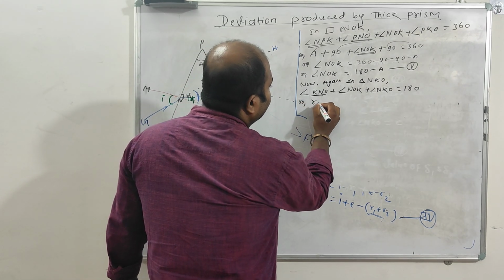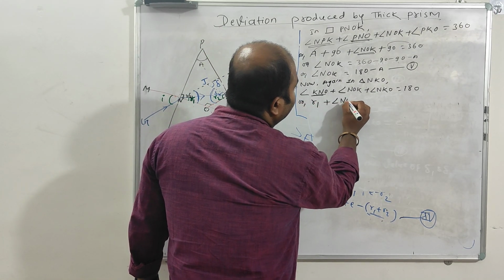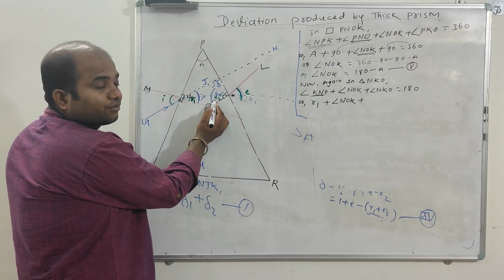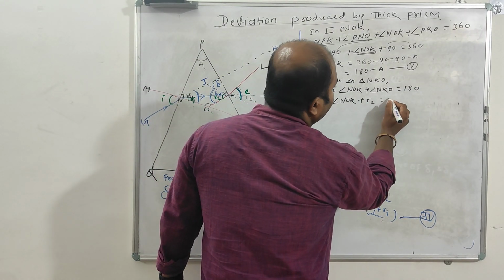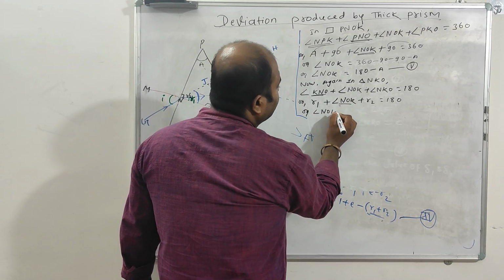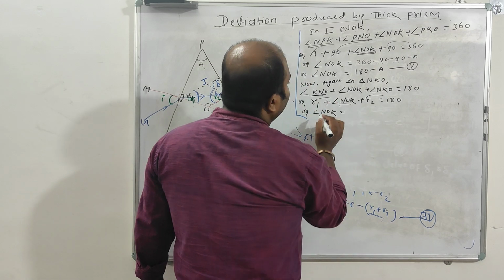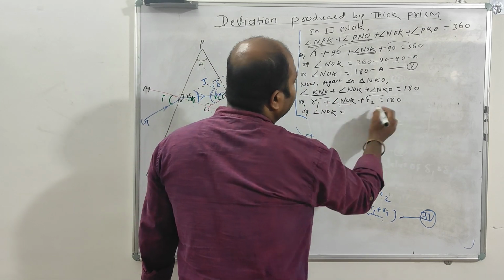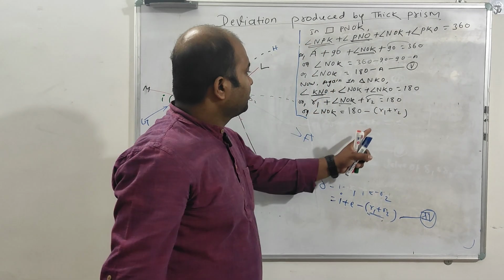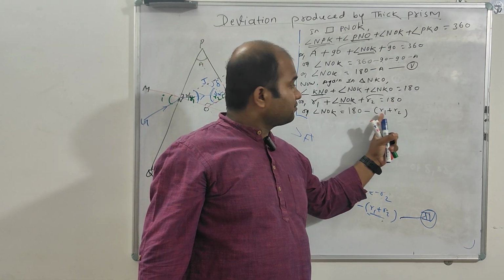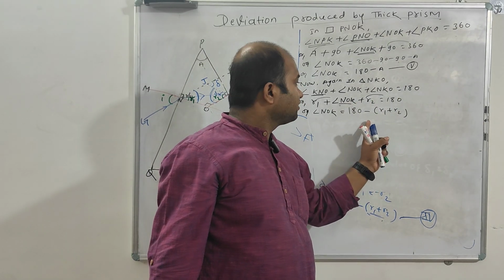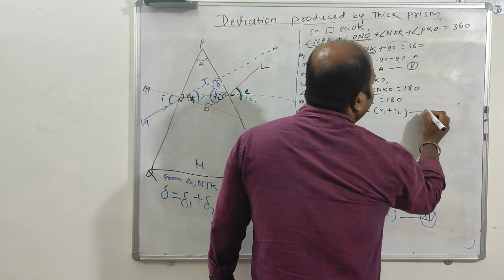So R1 plus angle NOK plus R2 equals 180. I will keep angle NOK on one side and move the others to the other side: 180 minus R1 minus R2, because when they go to the other side they become minus. So angle NOK equals 180 minus R1 minus R2. This is equation 6.